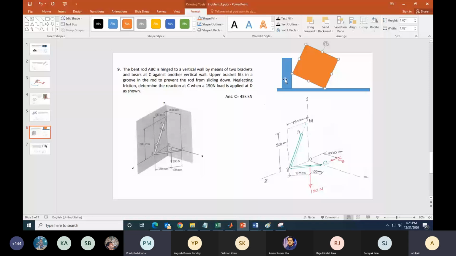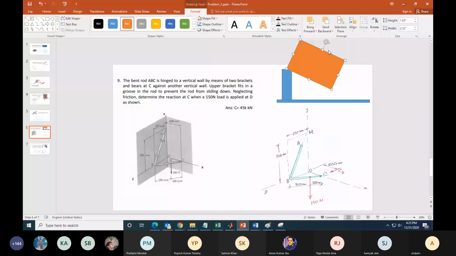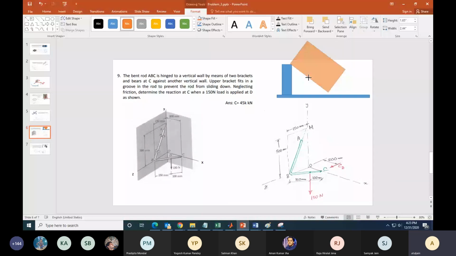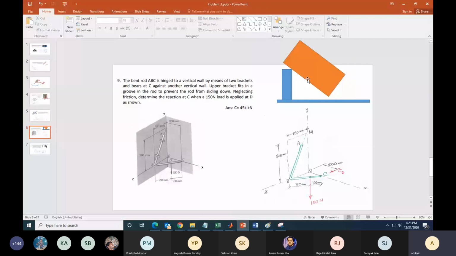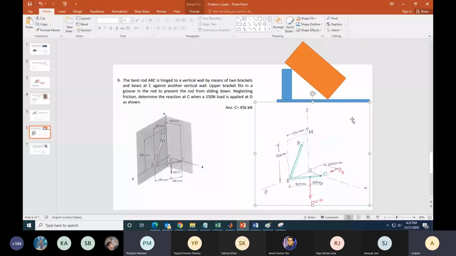On the other hand, if it was something like this, then it is perpendicular to the orange box. The golden rule is that the one which is taller will define the normal reaction, which is perpendicular to that. In this case, the reaction is perpendicular to the orange box. In this case, it is normal to the wall.